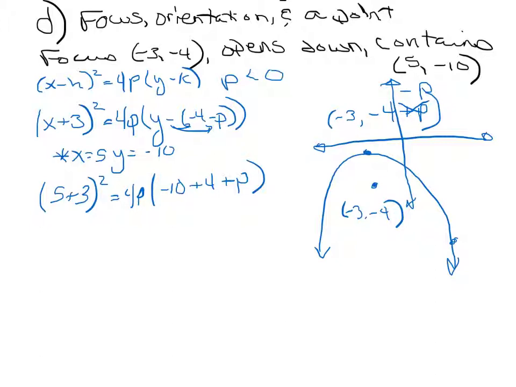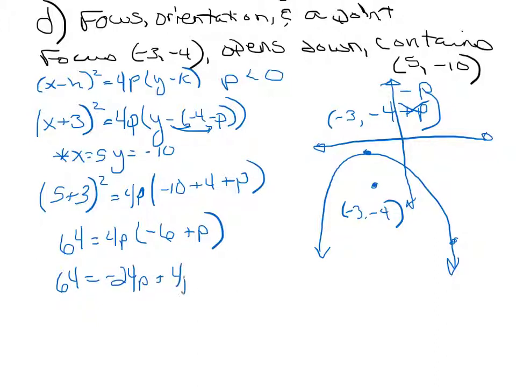Well, that gives me 8 squared, so 64 equals 4p times (-6 + p). So 64 equals -24p + 4p^2. So now I notice that this is quadratic, since there is both the p squared and a p term. I do want to either try to factor it or use the quadratic formula, so I'm going to get it to equal 0, and I'm going to rearrange it a little bit so it's in standard form.